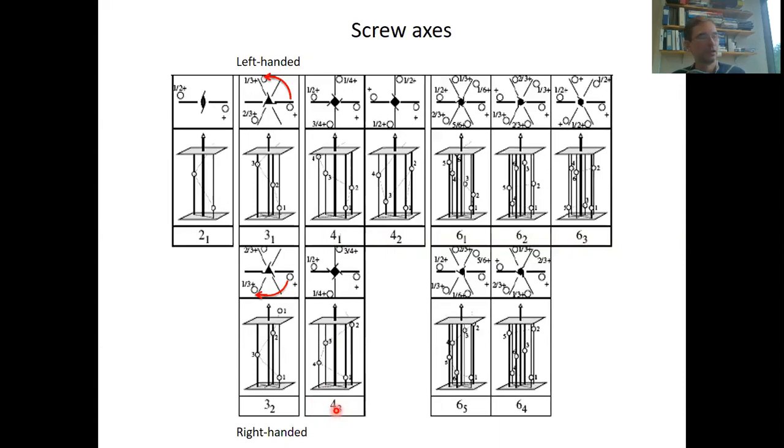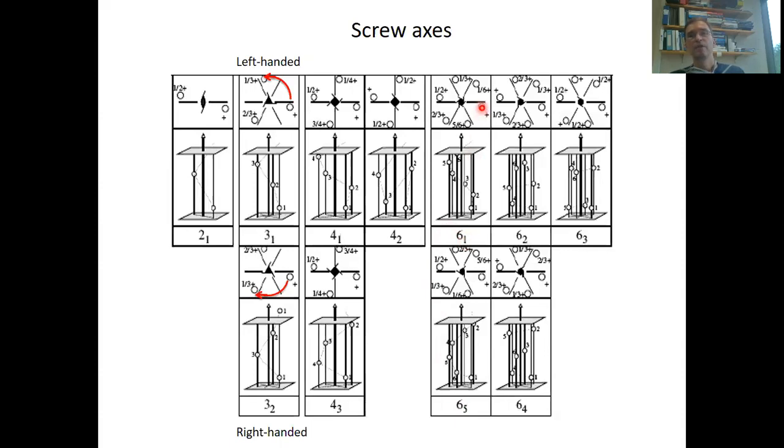Okay, so now finally, we would also need to consider the 6-fold screw axis. So now we can have everything from 6-1 to 6-5. Okay, for the 6-1, we would translate by 1/6 of the lattice parameter along the direction of the axis and rotate by 60 degrees.